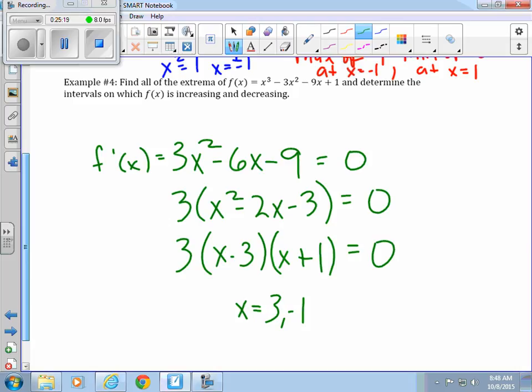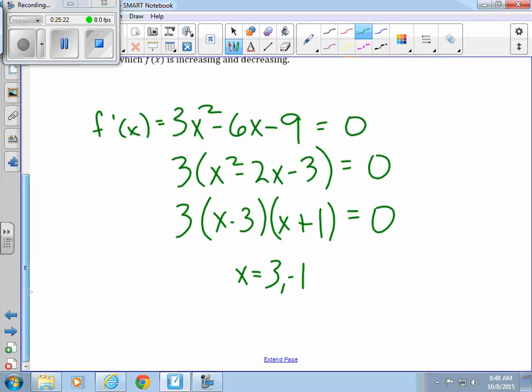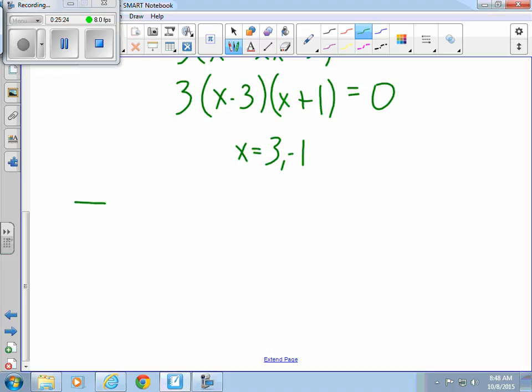To find out what they are, I'm going to do a sign chart for f prime. I'm going to plug a number less than -1 into the derivative. Remember, this step you're plugging into the derivative. So I'm going to plug -2 into the derivative.